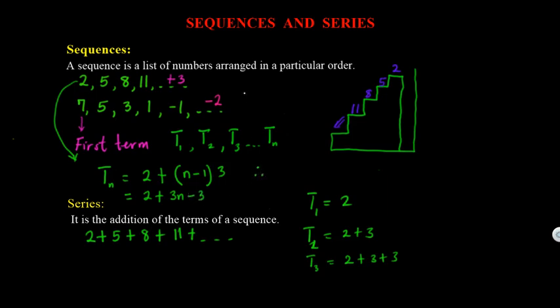And at the end, we realize that the nth term for this sequence is equal to 3n plus 2 minus 3, which is minus 1. So that is equal to 3n minus 1. So if I need to get the fifth term of this sequence, I will just say 3 multiplied by 5, that's 15, minus 1, I will get 14. So I believe if you continue with the sequence, that is what the fifth term will be.